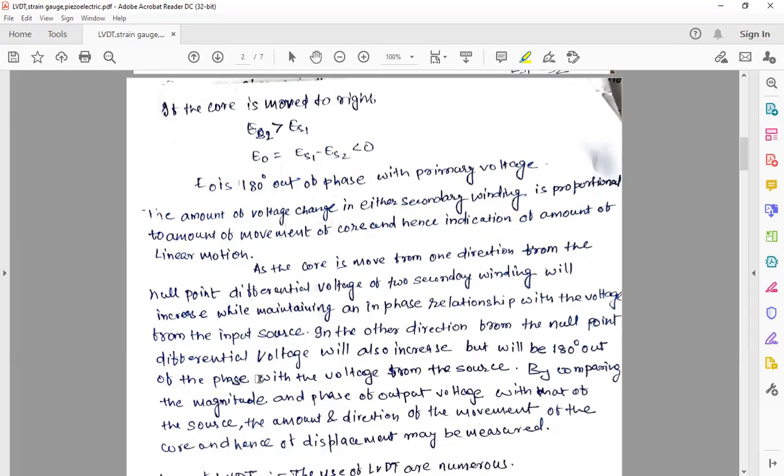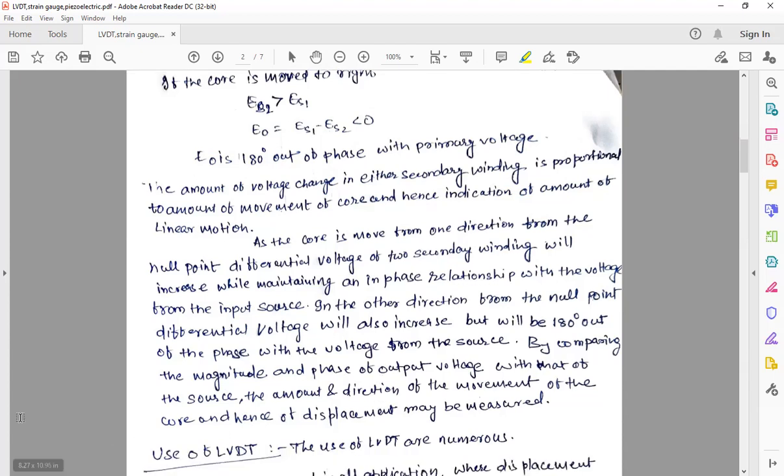In the other direction from the null point, the differential voltage will also increase but will be 180 degrees out of phase with the voltage from the source. So by comparing the magnitude and phase of the output voltage and the source, the amount and direction of the movement of the core, hence displacement, can be measured.